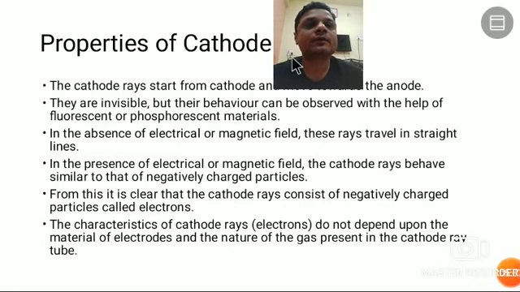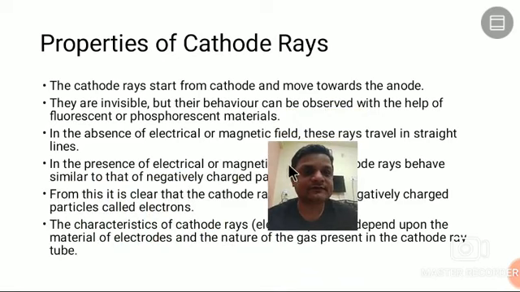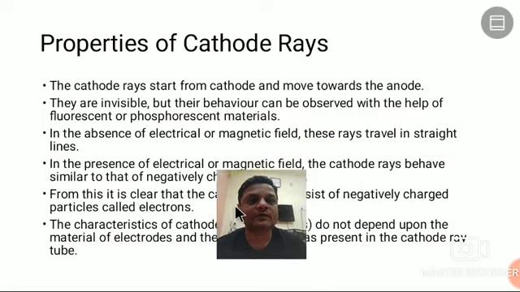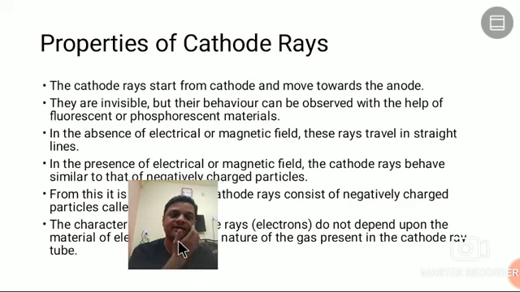Now we will go to the properties of cathode rays that he saw through the experimentation. The cathode rays start from the cathode and move towards the anode. They are invisible, but their behavior can be observed with the help of a fluorescent or phosphorescent material. In the absence of an electric or magnetic field, they travel in a straight line.